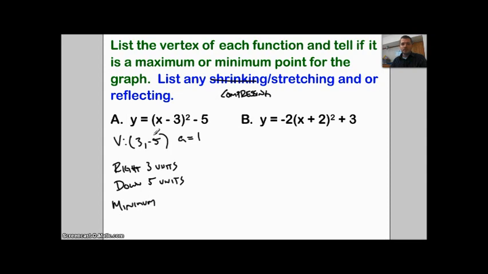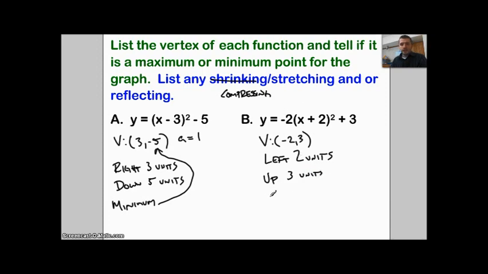And we know that that minimum is whatever the y value is, so right here. Alright, so let's do the same thing for this one. And this was the same graph we just did. So anyway, we know the vertex here is (-2, 3). We know that we went left 2 units and then up 3 units.